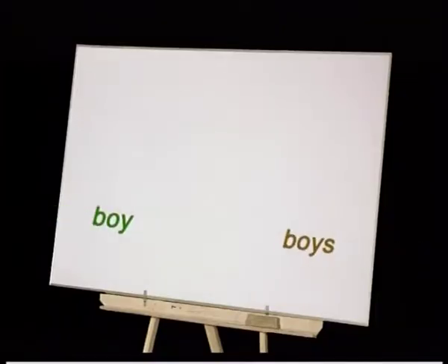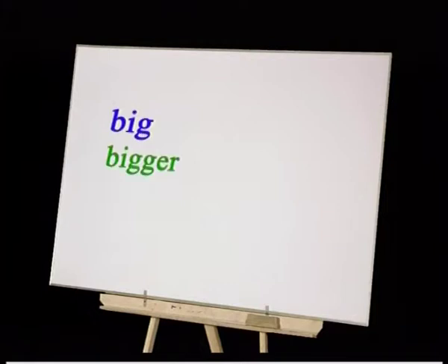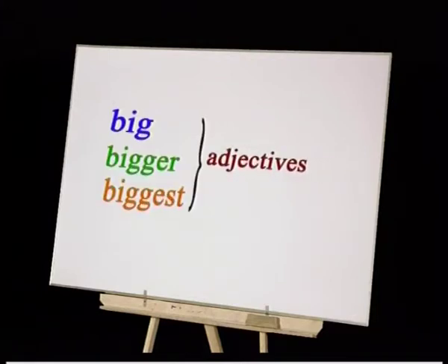Thus, words such as boy and boys, for example, are two different forms of the same word. Inflectional morphemes generally do not change basic syntactic category. Thus, big, bigger, biggest are all adjectives.